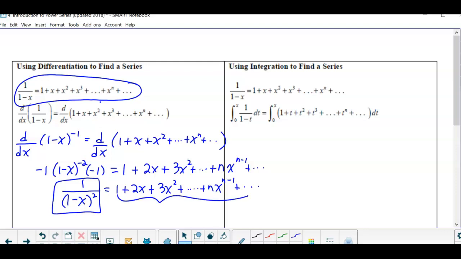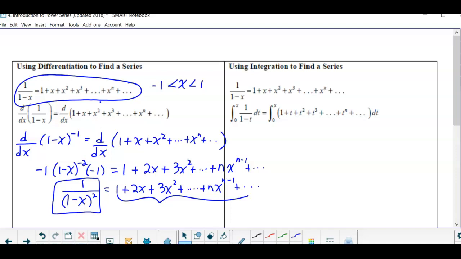In terms of what x has to be, back from the top, we know that x has to be less than 1, greater than negative 1 for that to work. It's not going to work for all x values, but it will work for those.